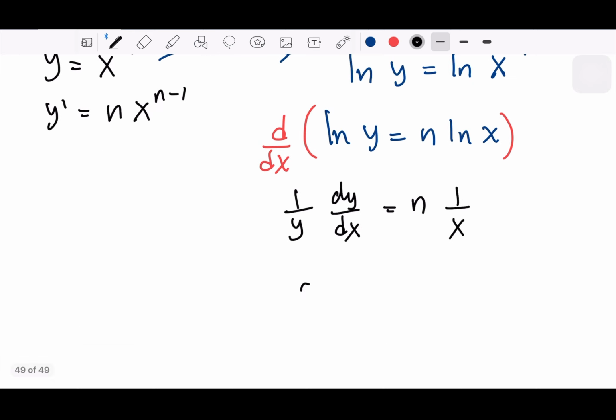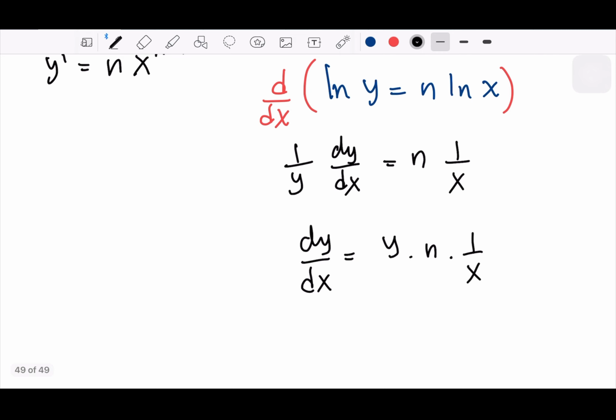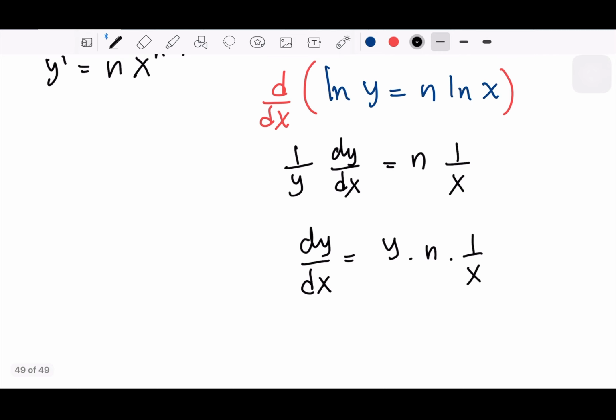And then we can have dy over dx equal to, cross multiplying by y, n and 1 over x, right? y itself is x to the power of n.